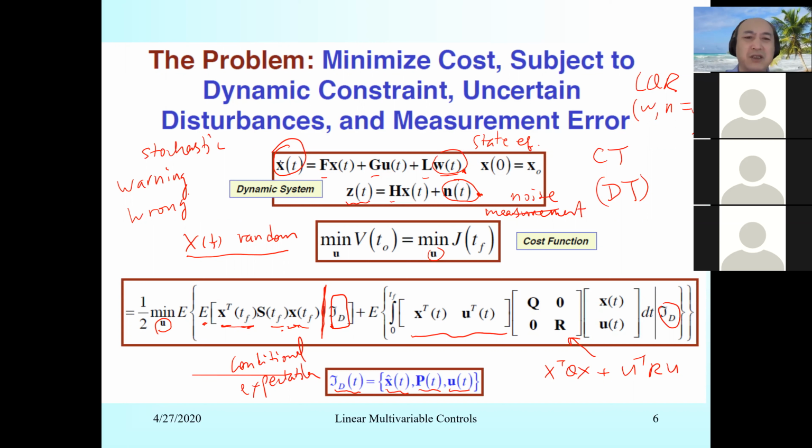We should write an integral equation. So dx/dt does not exist, because noise is not differentiable, right? A lot of people didn't realize that.